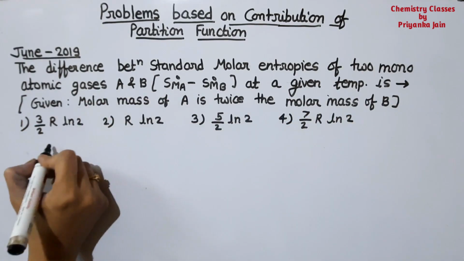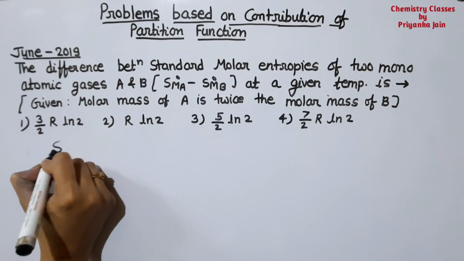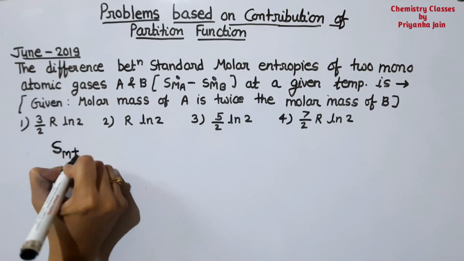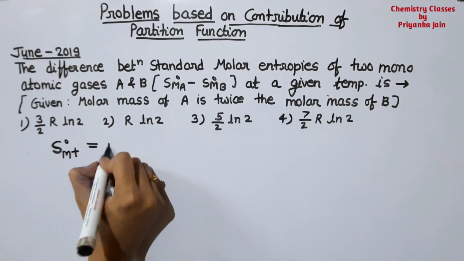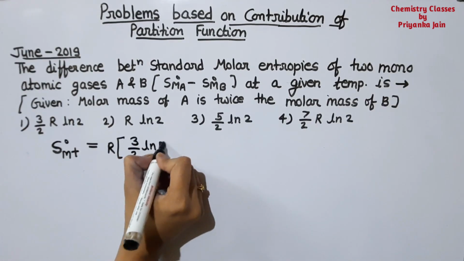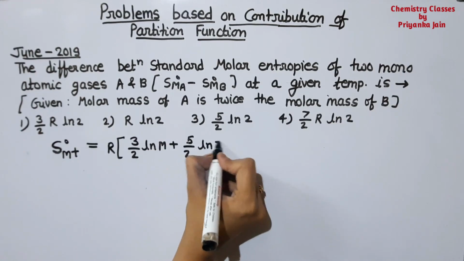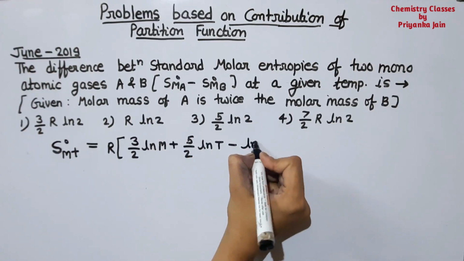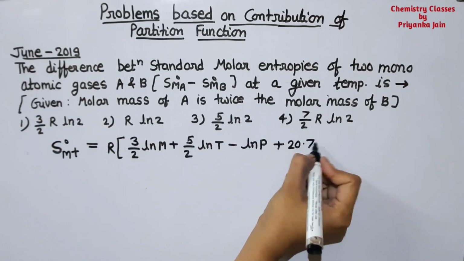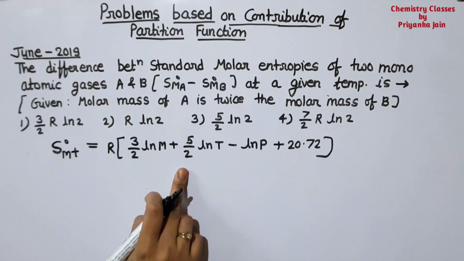See here, what is the formula for the molar translational entropy? We have seen the formula. It is S = R[3/2 ln M + 5/2 ln T − ln P + 20.72]. What is this? This is the second Sackur-Tetrode equation. We have seen it in the previous lecture.